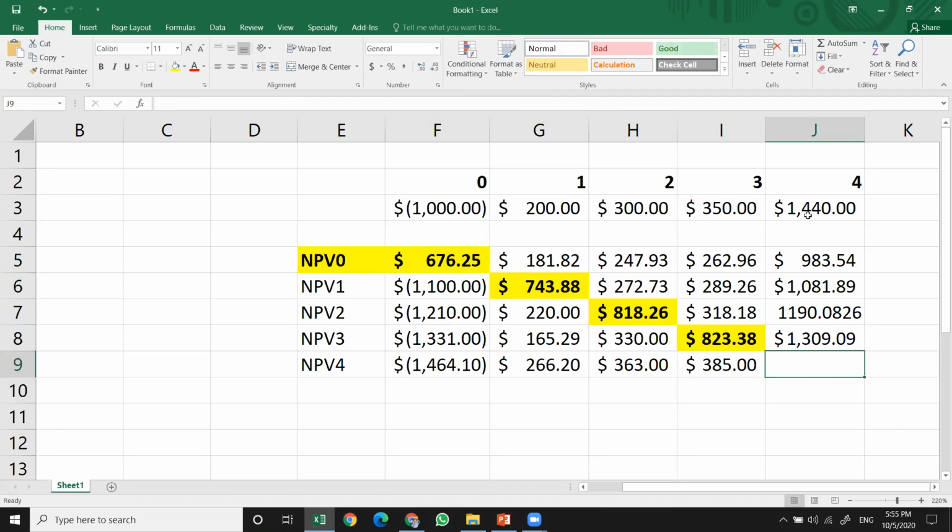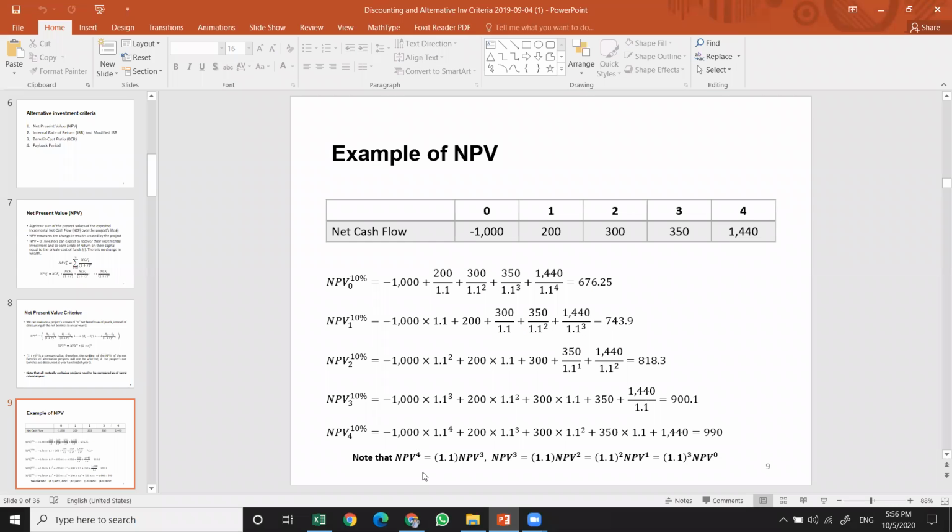And of course, 1440 is equal to 1440 in year 4. So we're just going to sum it all. So this is the way of calculating the NPV using discounting and compounding. This is one way.